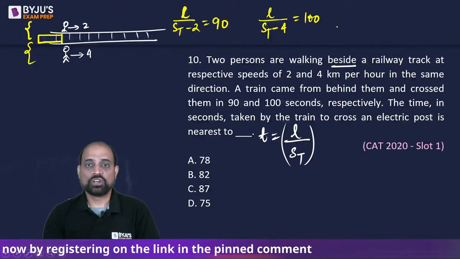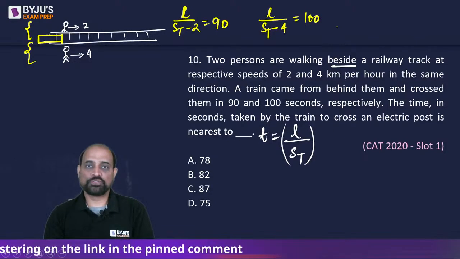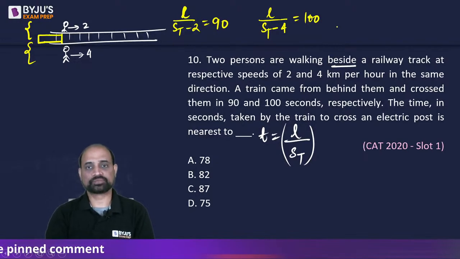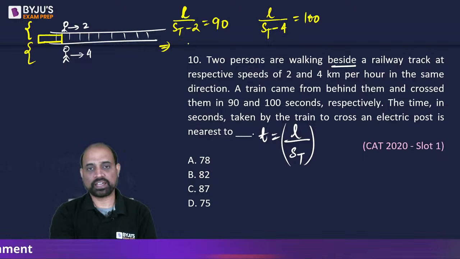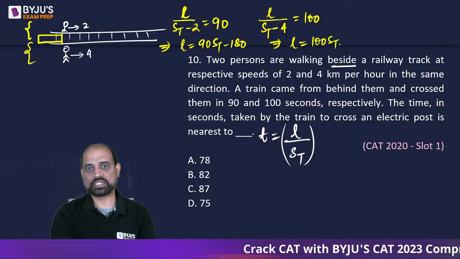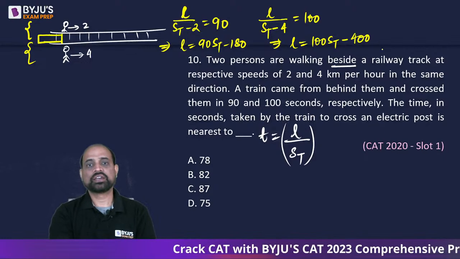Right? So we have to find out L upon ST. So if we cross multiply, we will get L is equal to 90 ST minus 180. The second one is going to be L is equal to 100 ST minus 400.